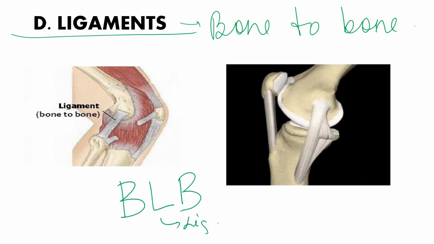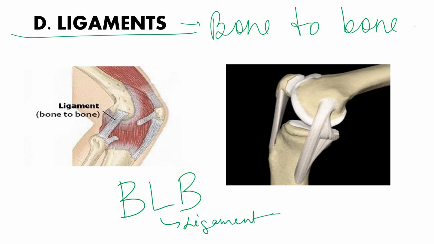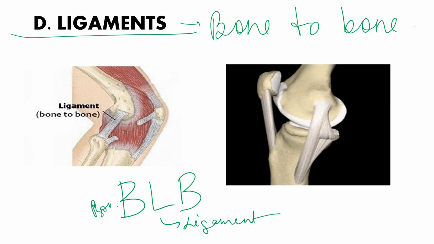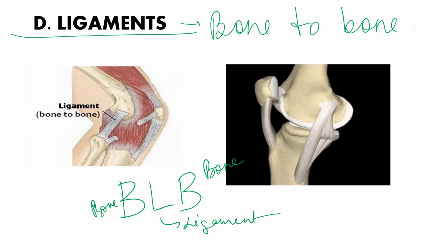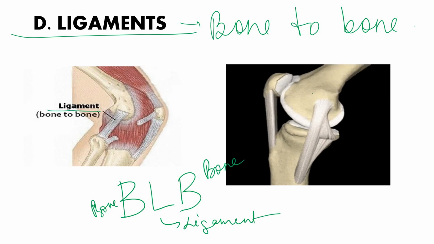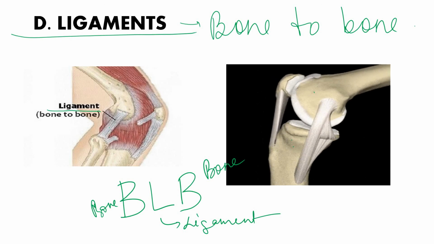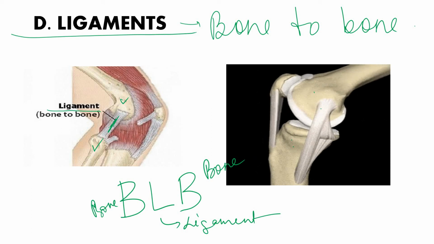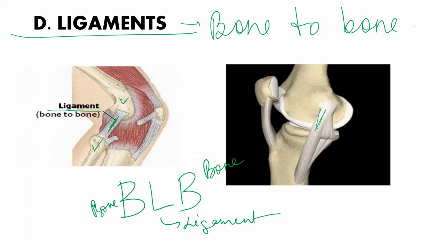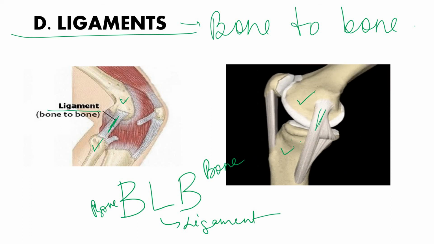L is for ligament, and the Bs are bone, bone. So a ligament connects two bones together. Can you see? This is the ligament, and here is one bone and here is another bone.